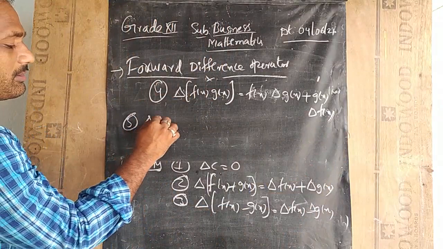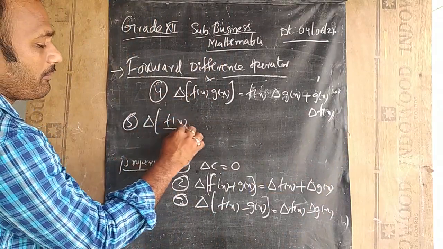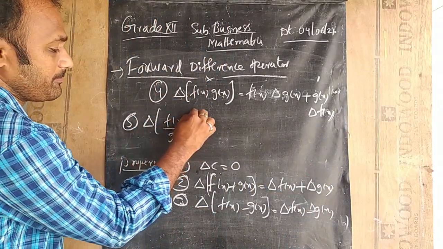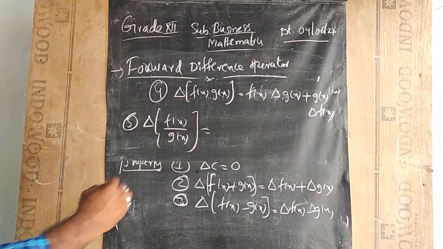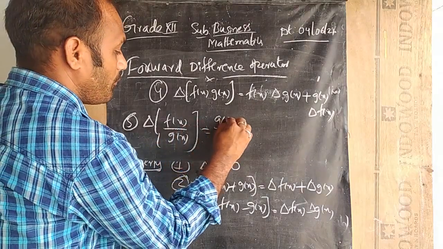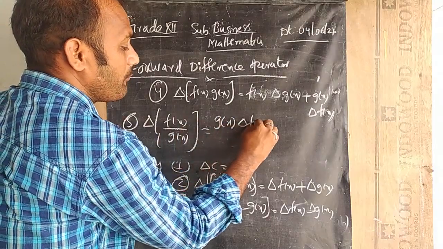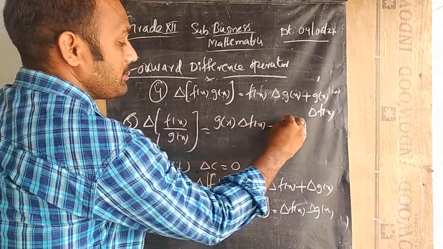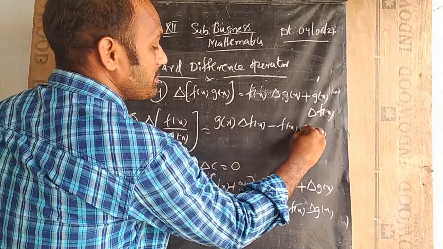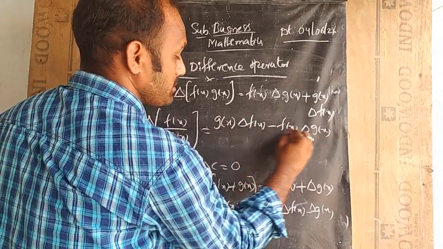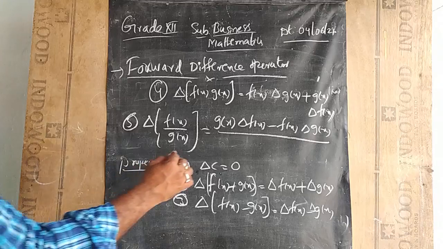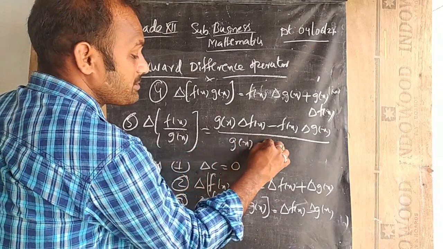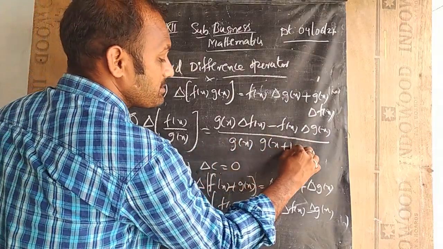Fifth formula: delta of f of x by g of x is g of x delta f of x minus f of x delta g of x, divided by g of x into g of x plus h.